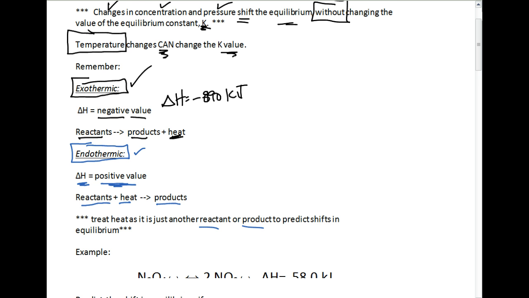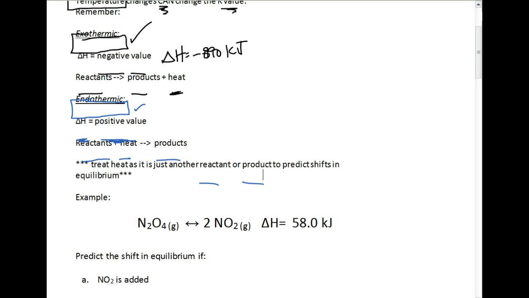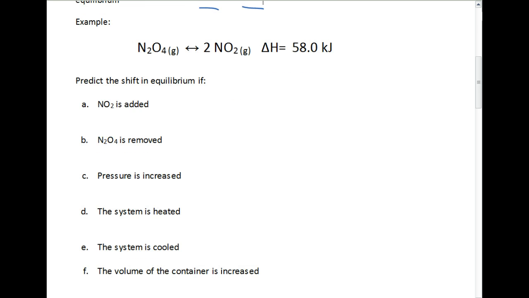So let's get down to an example where we can do this, and I'm going to walk you through it now. If you would like to pause the video now and work these by yourself, that would be a good thing to do. Or you can just follow along with me while we do this together. Okay? So, let's take a look at this. We have an equilibrium of N2O4 and 2NO2, they're both gases.